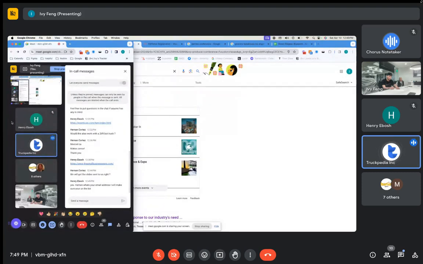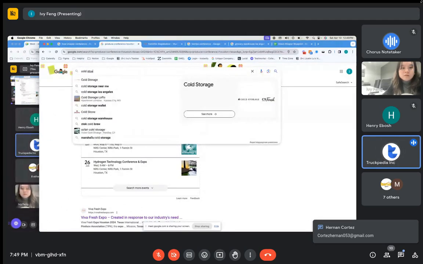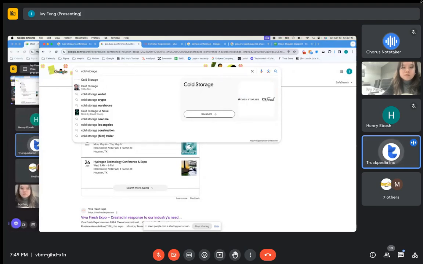Cold storage, cold chain. If you go on Google and type in cold storage, you'll see a lot of grocery companies may not have a warehouse near where we are, and they often work with cold storage warehouses nearby.